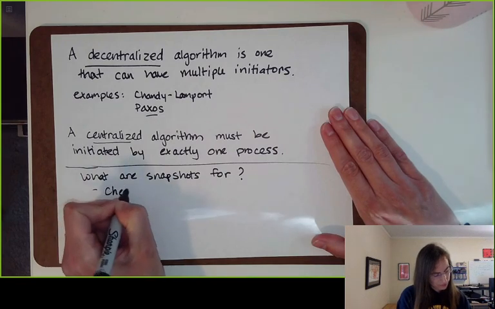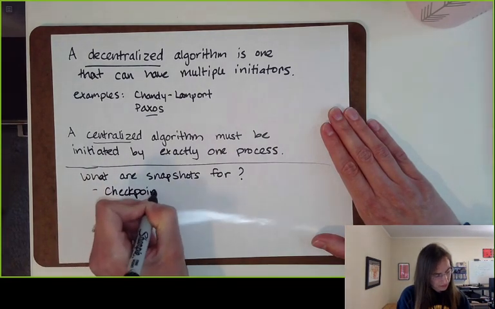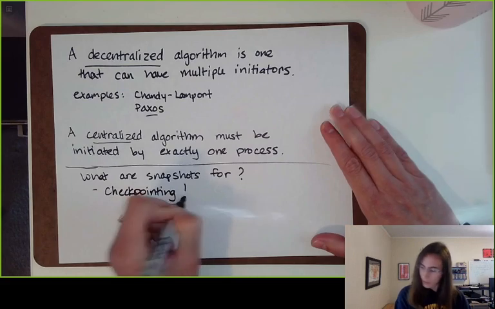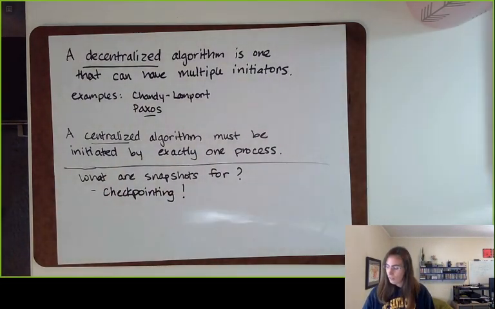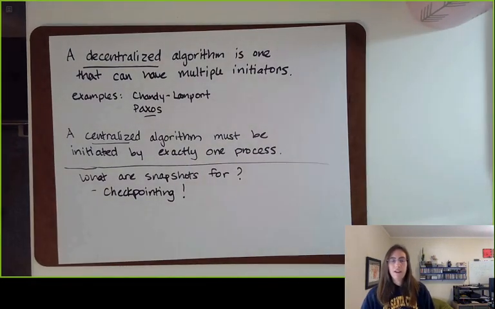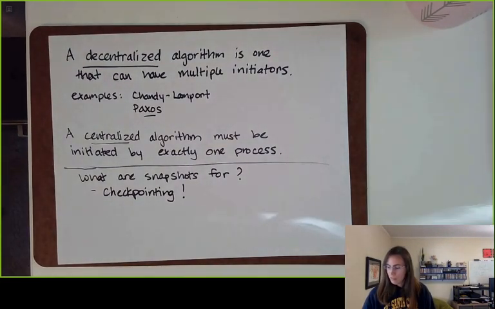Checkpointing. So we talked about this on day one of class, right? Some systems have to take periodic snapshots of their state so that if they fail and have to restart, they have a reasonable place to start from instead of having to start from scratch. So a snapshot algorithm could be used for this.